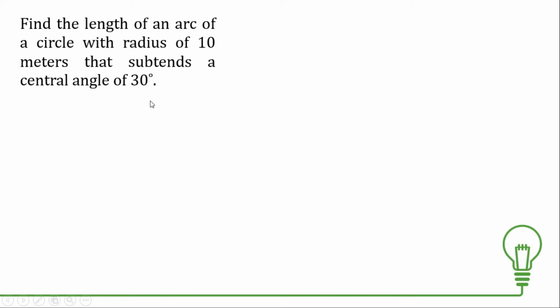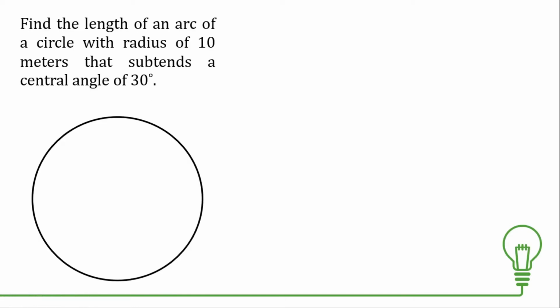First things first, let us illustrate our problem. We have a circle with a radius of 10 meters that subtends a central angle of 30 degrees. So the theta measure here would be 30 degrees, and we are looking for the arc length intercepted by the central angle.